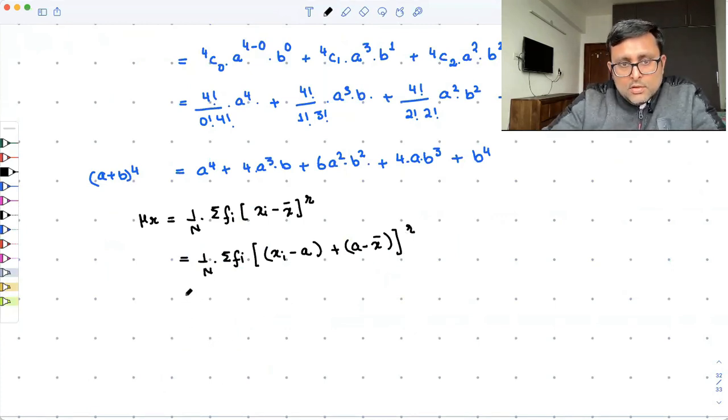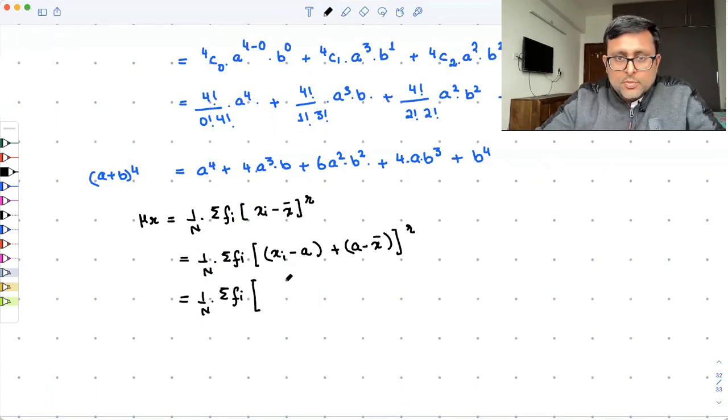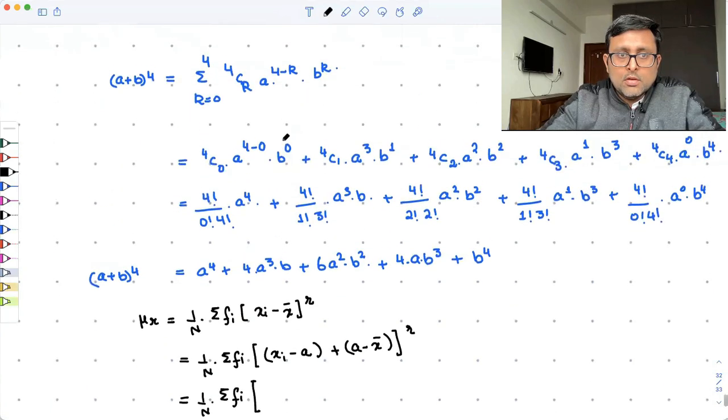So I'll be using the binomial theorem here. When you open this up, this is what your capital A is, and this is what your capital B is.